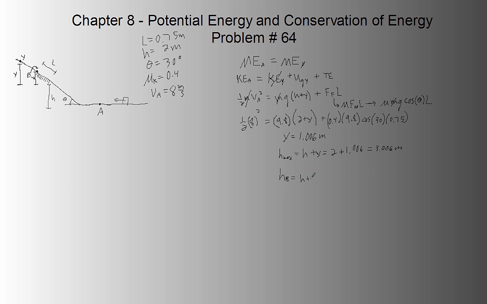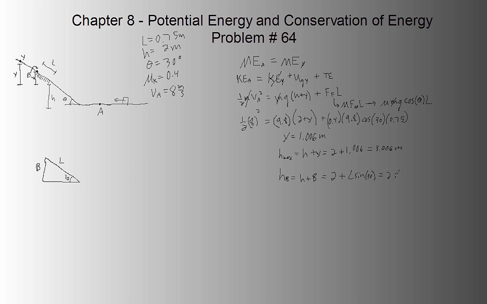That's H plus B, which is 2 plus, now B, we can make a little triangle here. Let's do it down here. This is L, this is B, this is 30. We know L. So that's just going to be L, and B is the opposite 30, so sine 30.